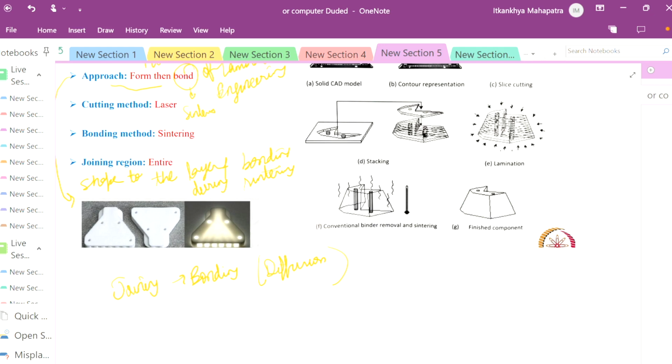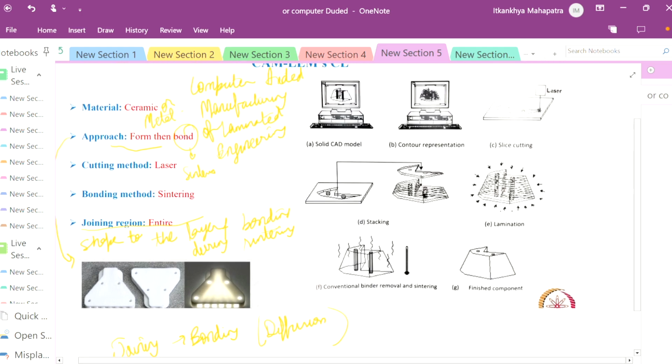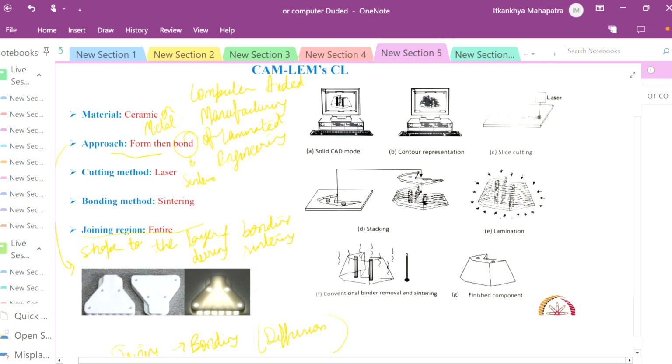Here the joining is again entire. So what is the entire region? Actually, the layers are already in the form of the final product. So we don't have to selectively do anything. The final thing which we have is taken in this shape, and that is the form of the final product.